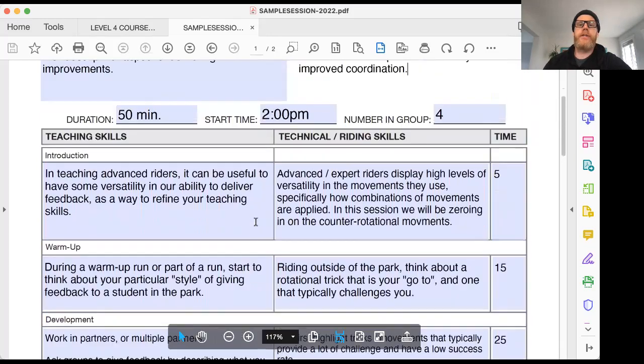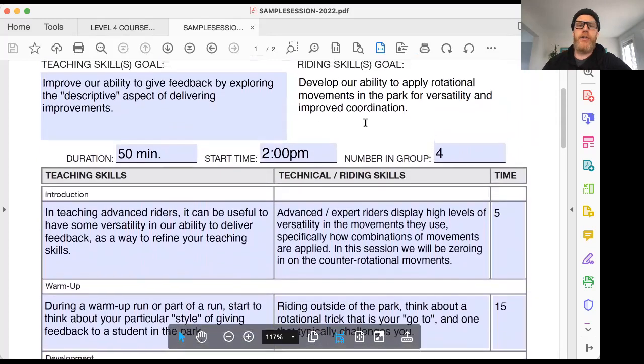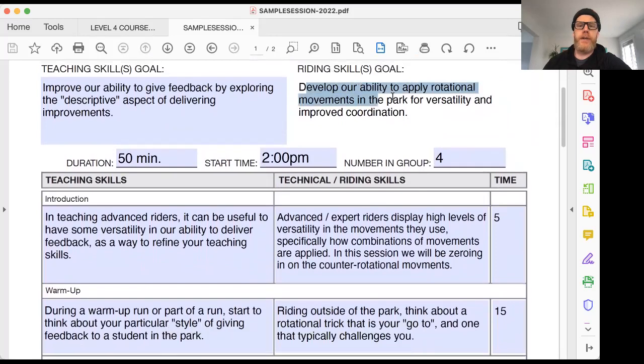The other little trick or tip that I always use when I'm planning these sessions is I usually start on the technical side. Anytime we teach a lesson, like a skill improvement lesson or a riding lesson, we use all of the teaching skills anyway.